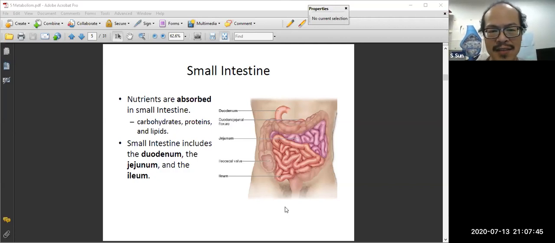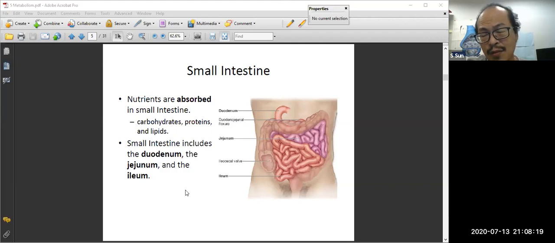That is the small intestine. Nutrients are absorbed in the small intestine. If you remember your anatomy, you should know that the small intestine has three segments: duodenum, jejunum, and ileum.